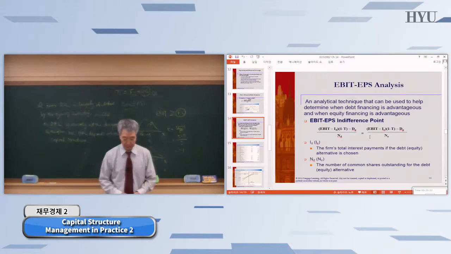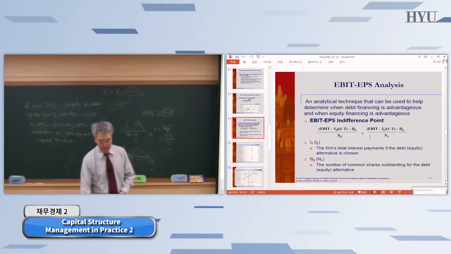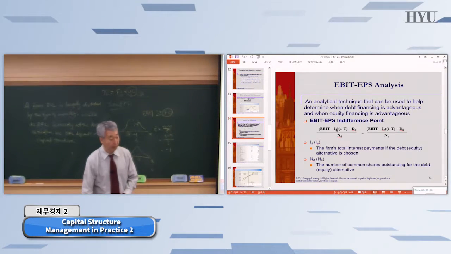If you look at this formula, EBIT minus interest charge, so that's EBT. And you multiply by 1 minus t, so that becomes EAT. And then you subtract DP.